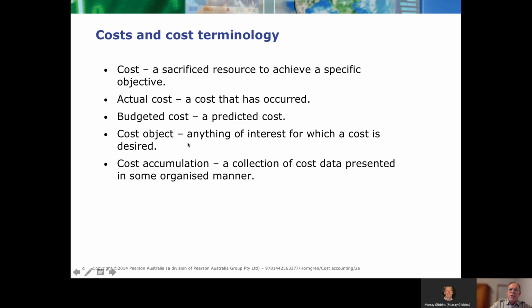Cost of a meal. Whatever it is, that's the thing we focus on, and we identify the costs associated with that cost object. At the end of the day, we want to come up with an answer. What does it cost to provide this hospital bed, or a meal, or a wedding banquet, whatever.